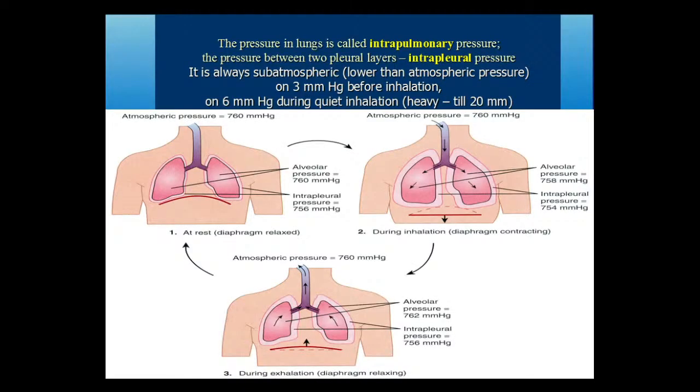Some definitions, some terms which we use in order to describe this event. Intrapulmonary pressure is the pressure in the lungs, and intrapleural pressure is the pressure between two pleural layers. You can see here two pleural layers: parietal, external, and visceral, which lies on the lungs.